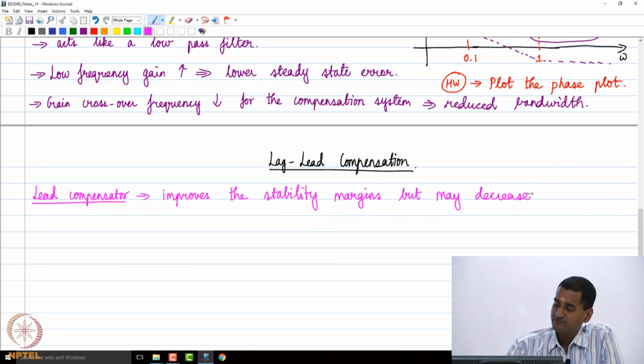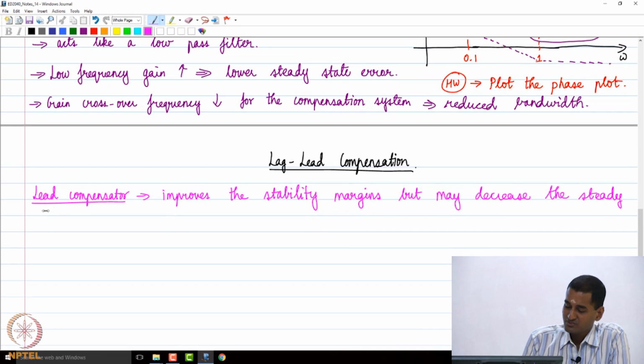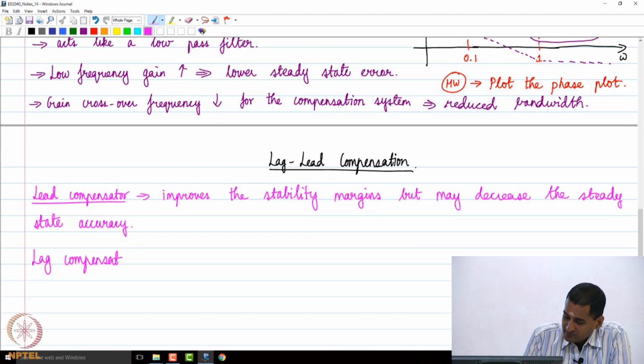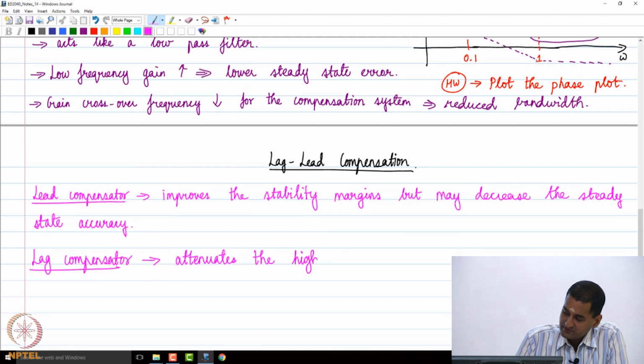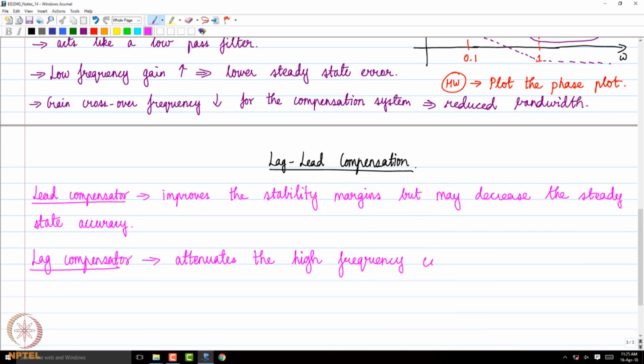So, that is an outcome which is not desired from a lead compensator. This may reduce the steady state accuracy. On the other hand, a lag compensator attenuates the high frequency components, but decreases the bandwidth.